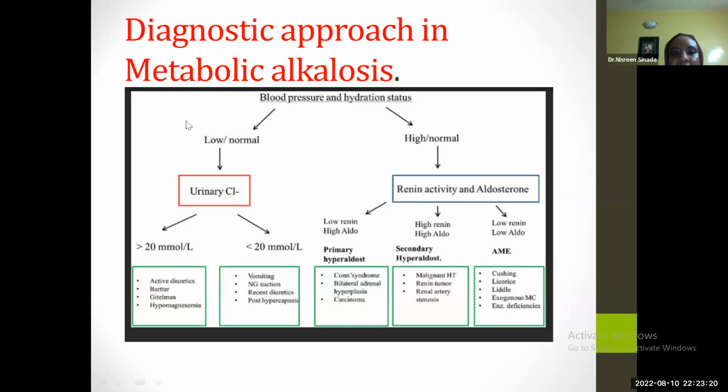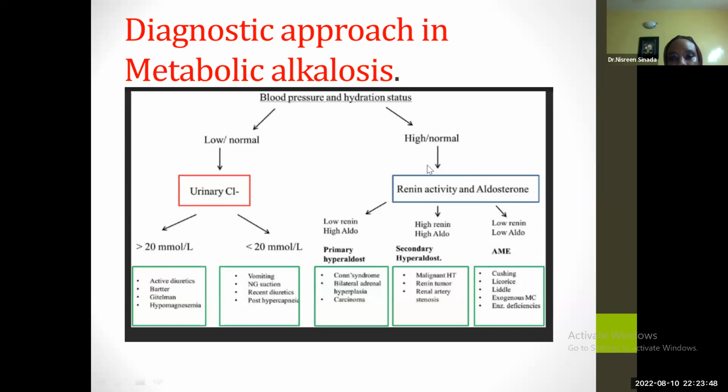If the blood pressure is low or normal, you do the urinary chloride, and if it is more than 20, there is chloride loss in the urine. So think of diuretics, Bartter and Gitelman, and hypomagnesemia. It means that in a patient with Bartter and Gitelman, the blood pressure will not be high at all. It will be low or normal.